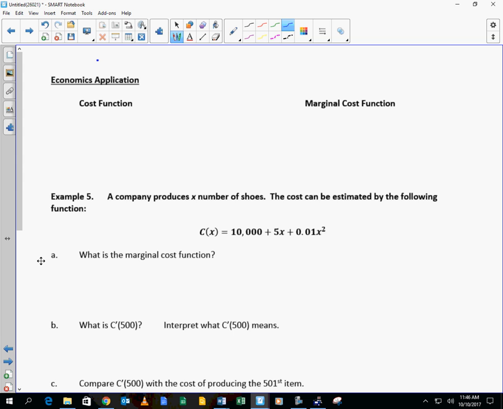Well, our economics application, we have a cost function, C of x. And we like to talk about a marginal cost function. The marginal cost function is C prime of x.